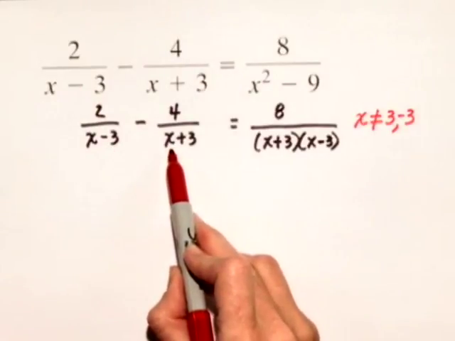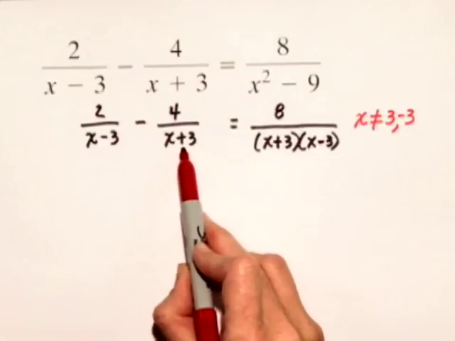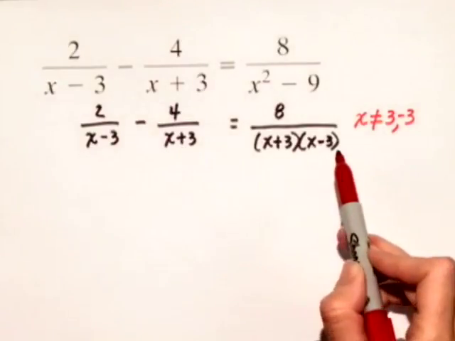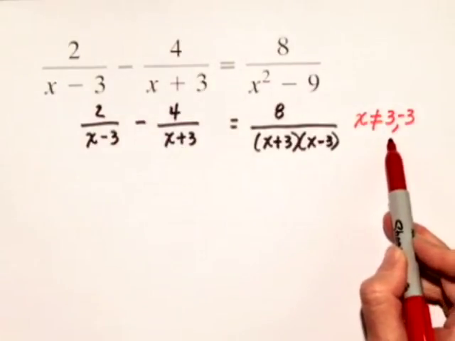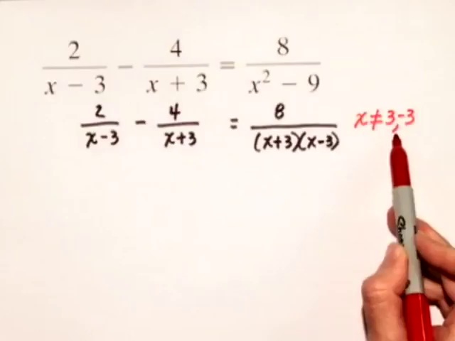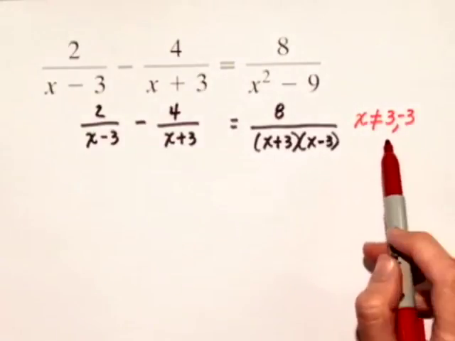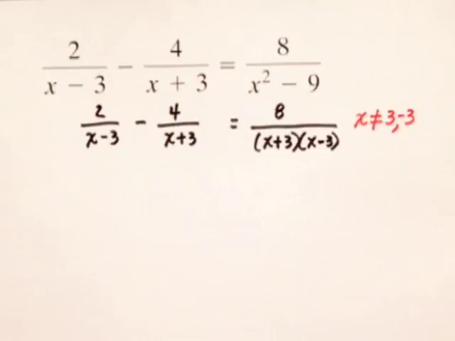In the second fraction, if we substitute negative 3 for x, that would again give us 0 in the denominator. So keep in mind what your restricted values are: 3 and negative 3 cannot be part of the solution set. Now let's get on to solving the equation.